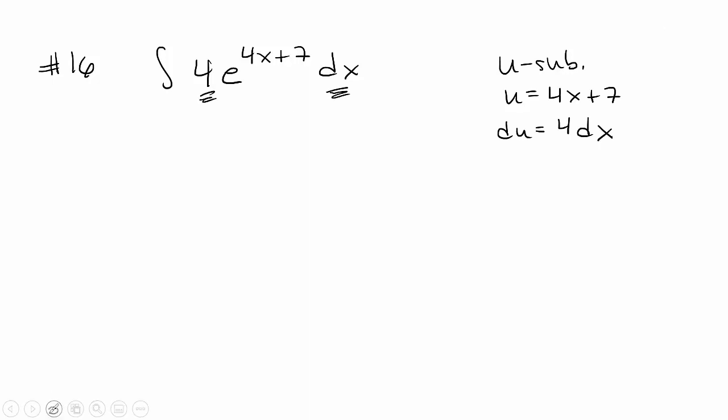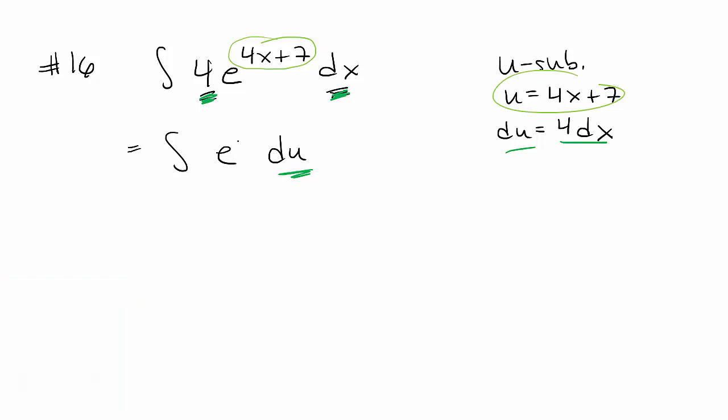That's going to come out and get replaced with du. So 4 dx, that's your du. I'll put that in the back. And then this is what we set u equal to. So that is going to be our new exponent u.